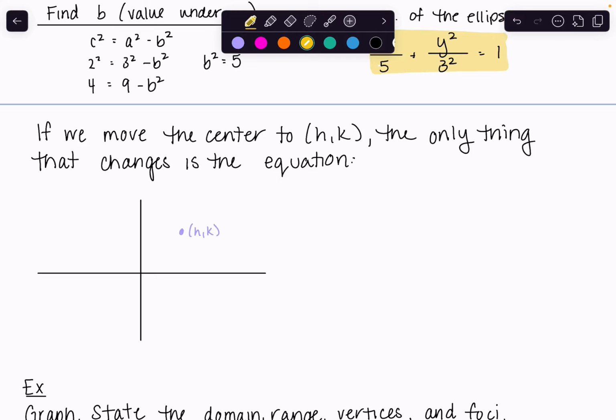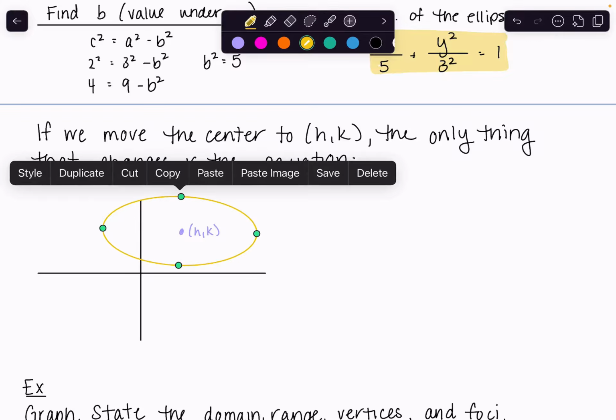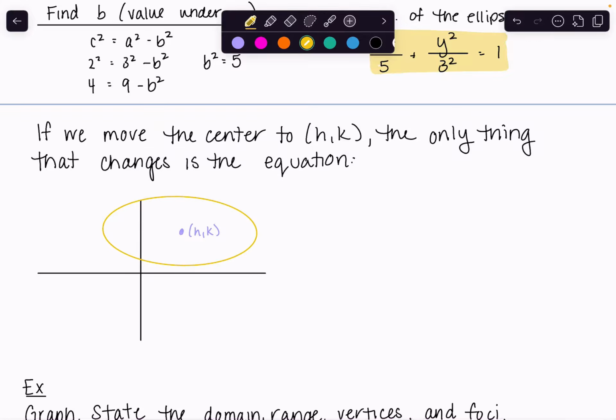So if our center point is, say, right here, you still will need a minor and major axis. Let's see if I do that. Oh, look at that. It actually turned into an ellipse. So our equation, instead of just x squared over something squared plus y squared over something squared equals 1, you now are going to subtract that new center point. Okay.